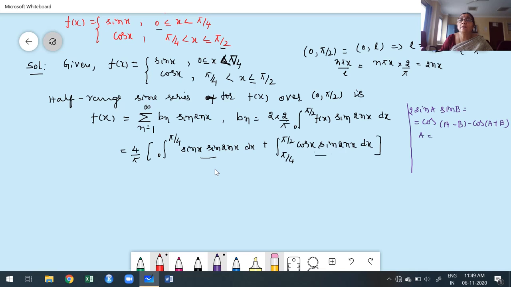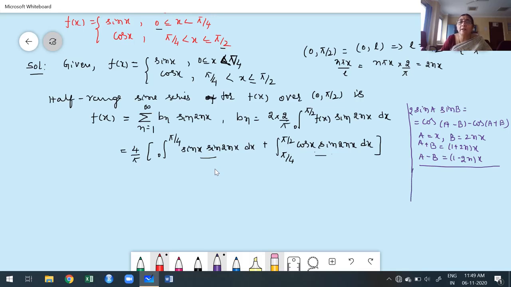A is x, B is 2nx. What is A plus B? It is nothing but 1 plus 2n into x. What is my A minus B? It is nothing but 1 minus 2n into x. This is for the first integral.